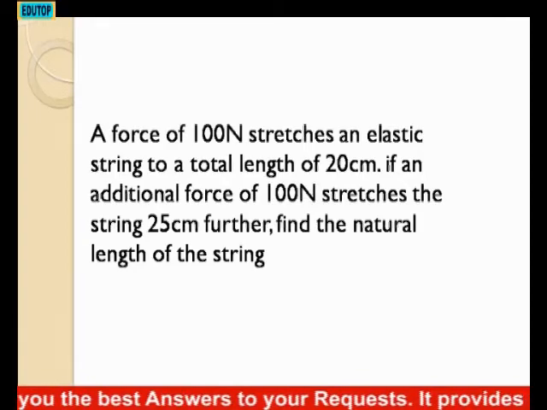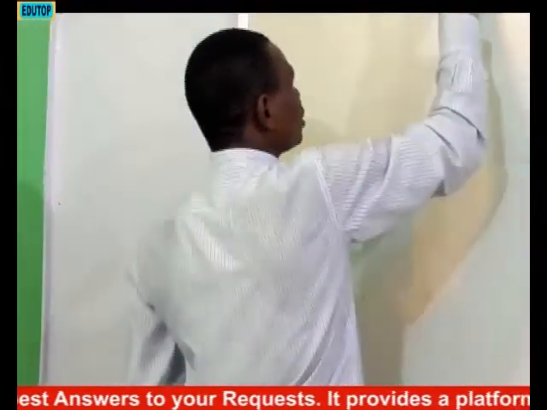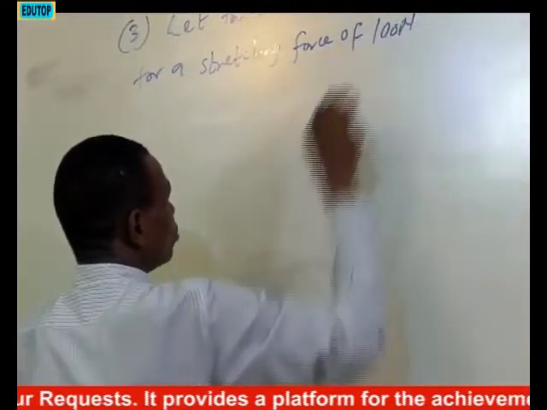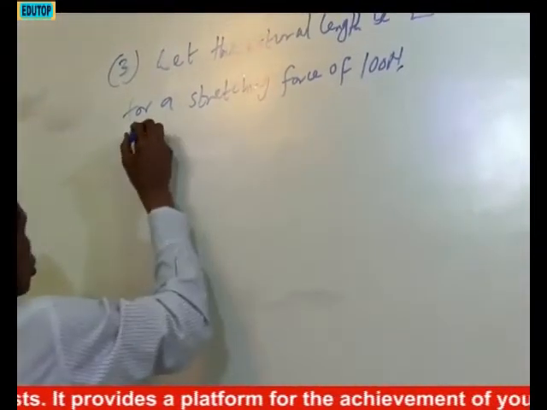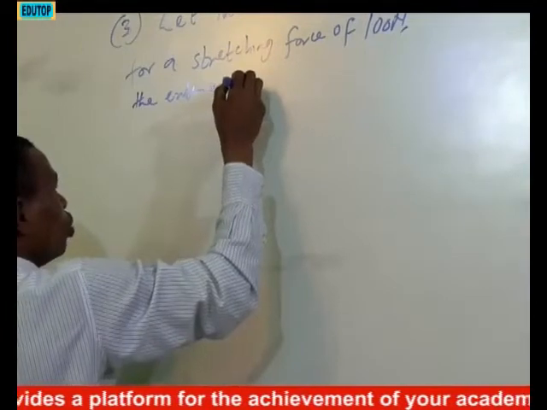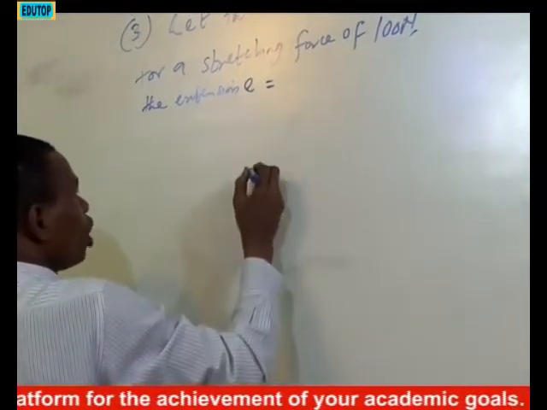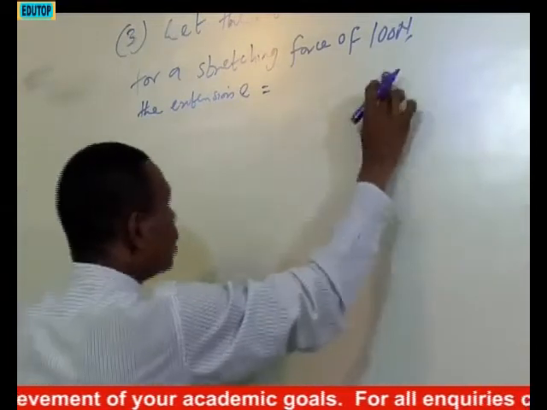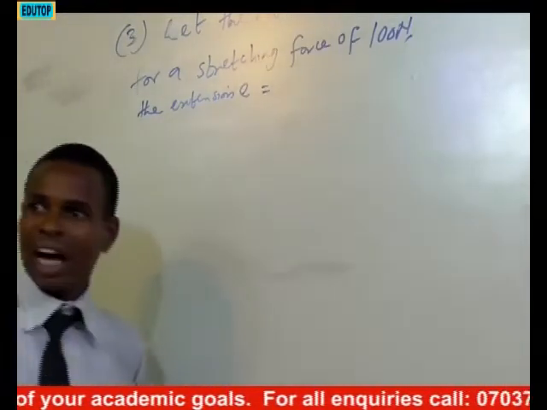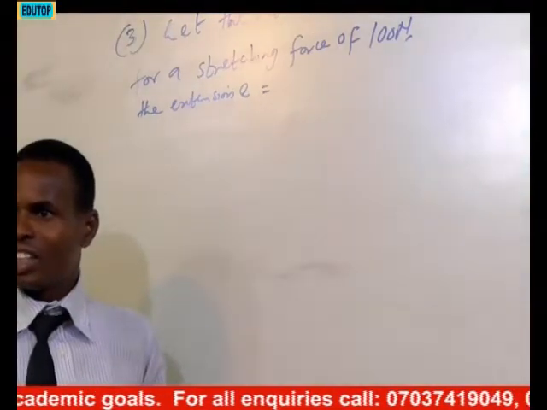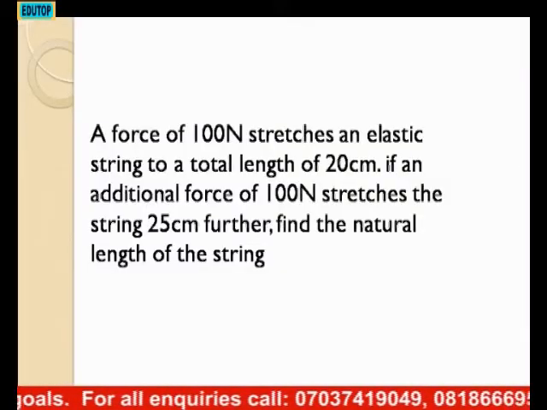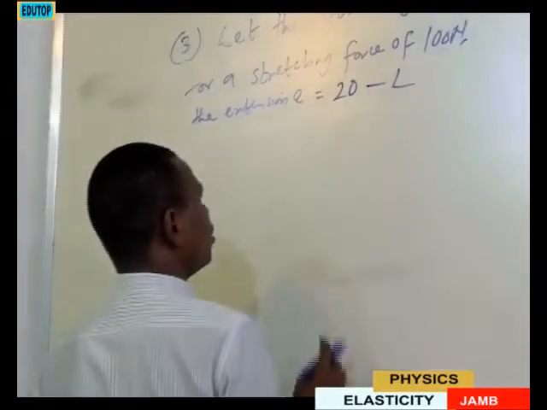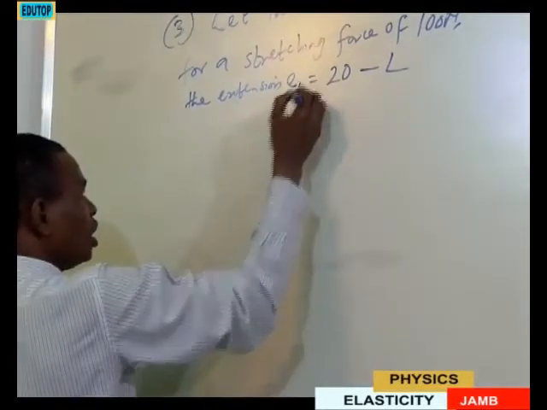We are going to say for a stretching force of 100 Newton, the extension produced, extension E, will be equal to the final length, which is the total length, minus natural length. And the total length in this case is we are given 20 centimeter. 20 minus L. Take care of that. You can call it E1.